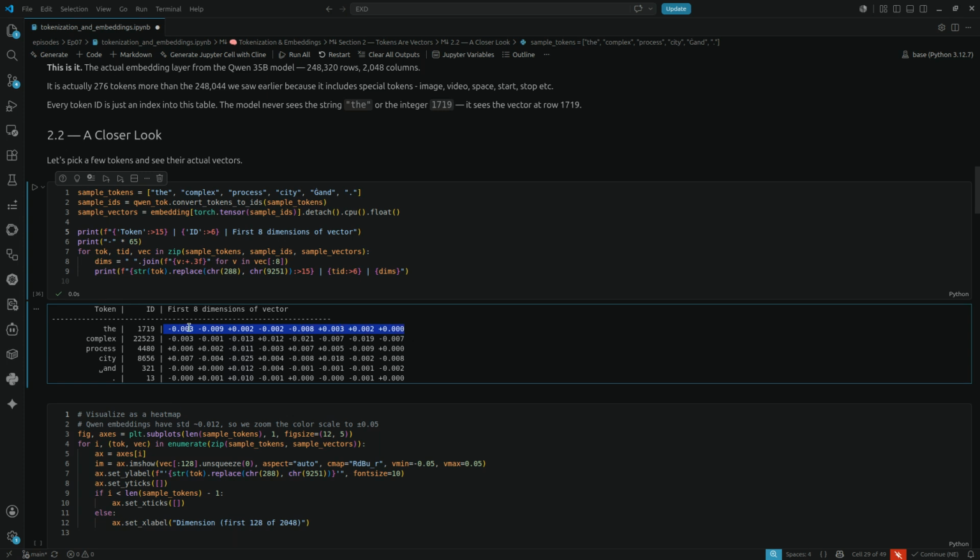So it's a point, it has negative and positive coordinates. All of them are compressed within, I believe, minus 0.05 and plus 0.05. Qwen compacts the vocabulary space, probably for performance reasons. So complex is this other number, process has this ID and has this vector, city is this, and so you can see that this is basically what's happening.